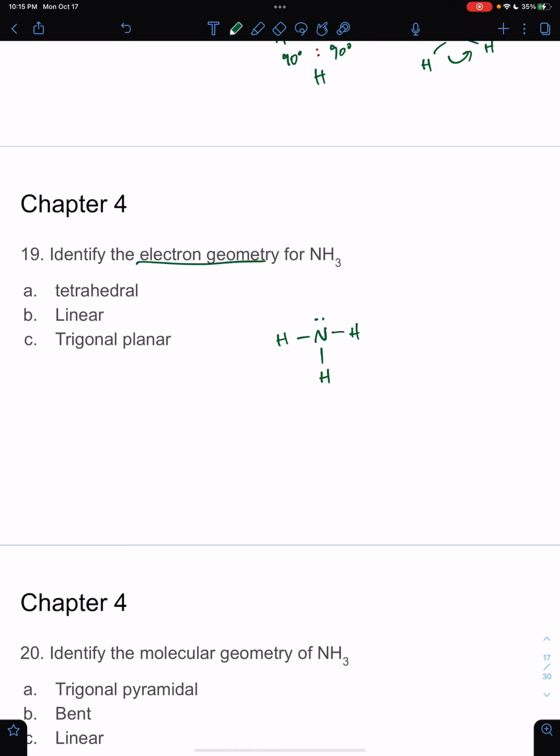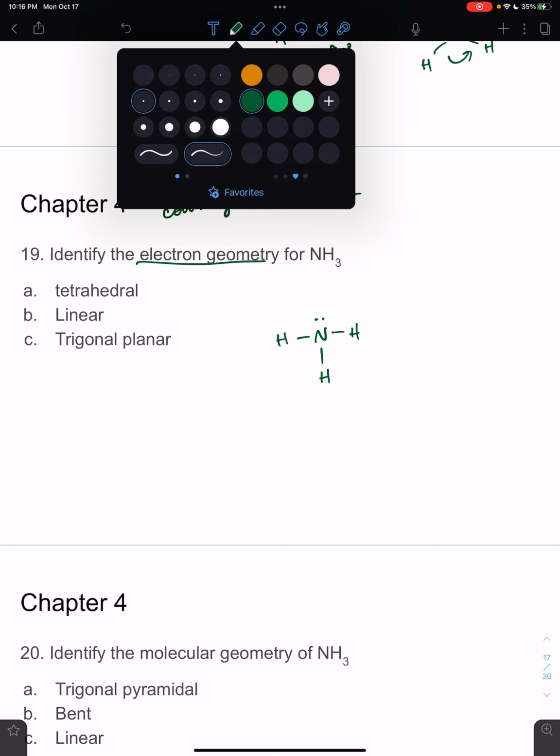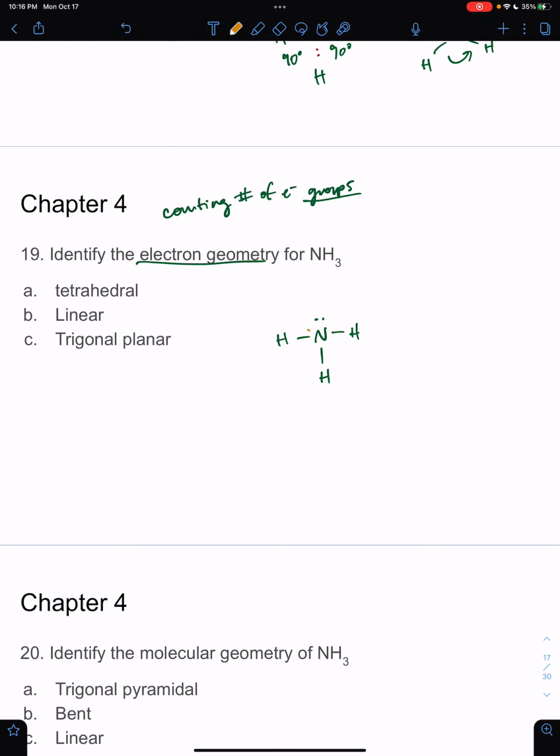So electron geometry is counting the number of electron groups. So we just did this one a second ago. We said it had 1, 2, 3, 4.